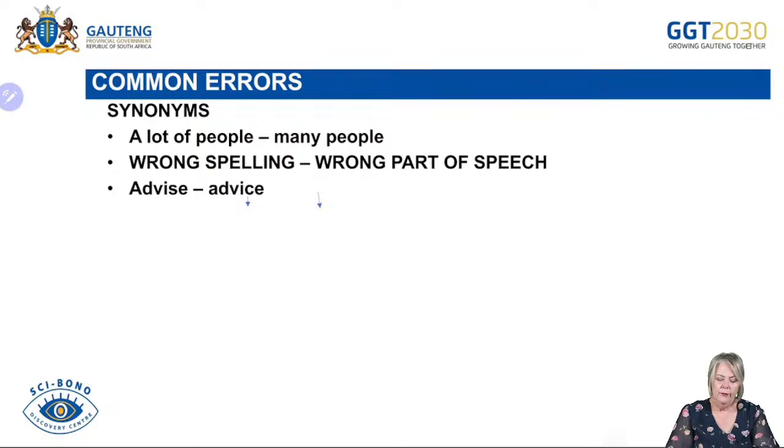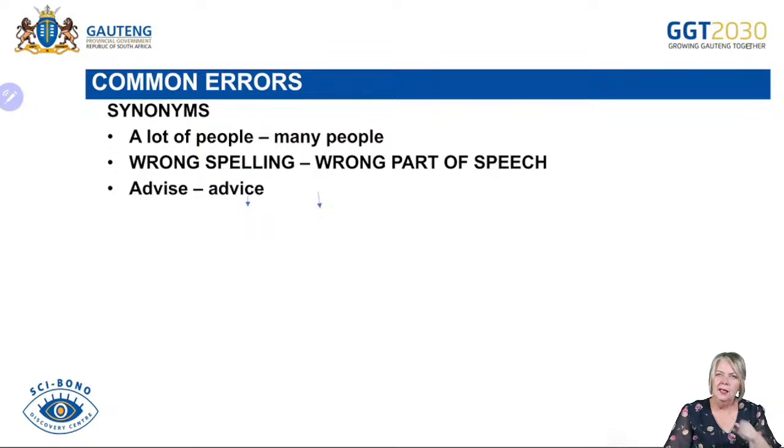So when we look at the first one, advise, and this is a trick. When you look at the word advise, listen to how I pronounce it. The S is voiced. Advise. The S should actually be a Z. And that is the verb form.